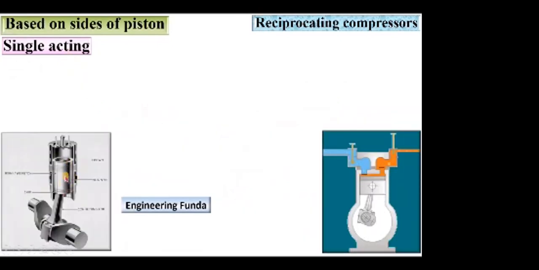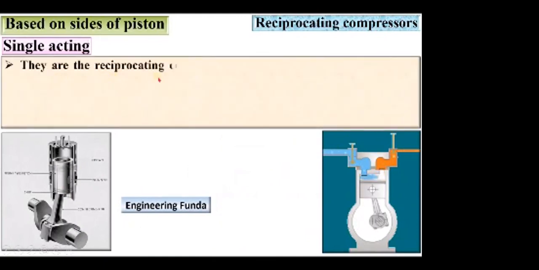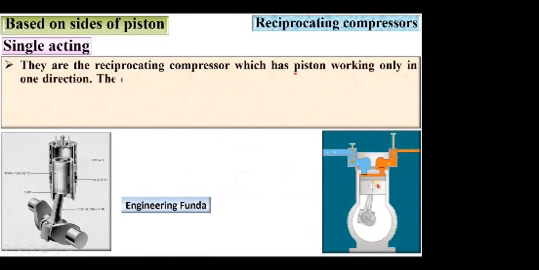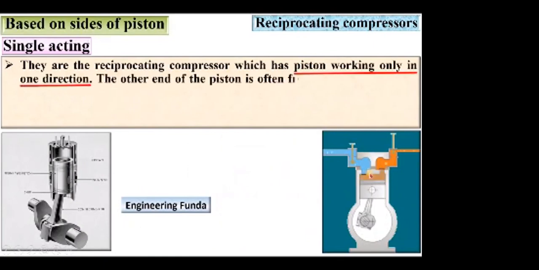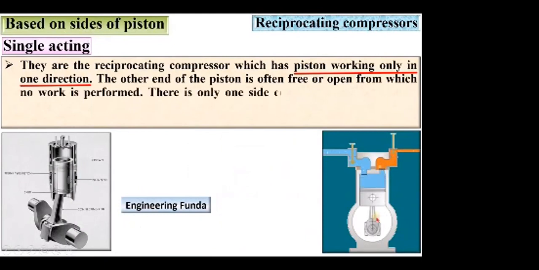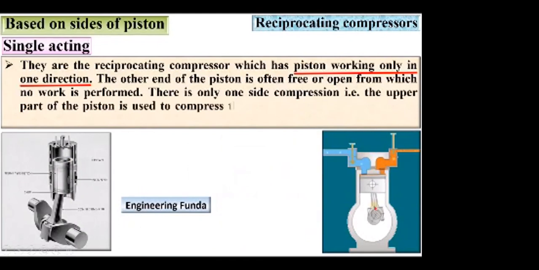In this figure, you can see the single acting air compressor, and this is the animation of the single acting air compressor. They are the reciprocating compressor, which has piston working only in one direction. The other end of the piston is often free or open, from which no work is performed.